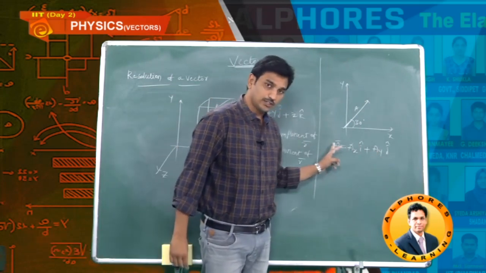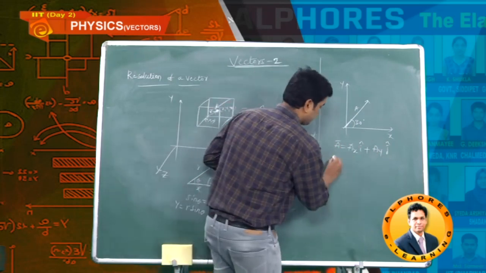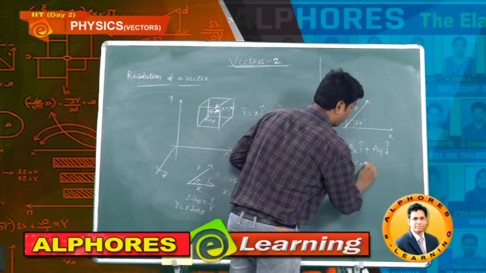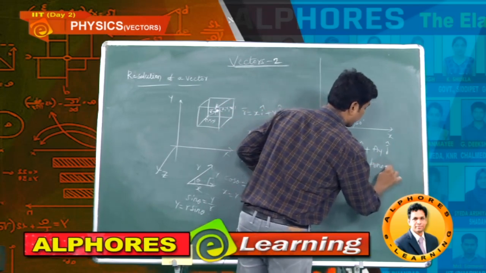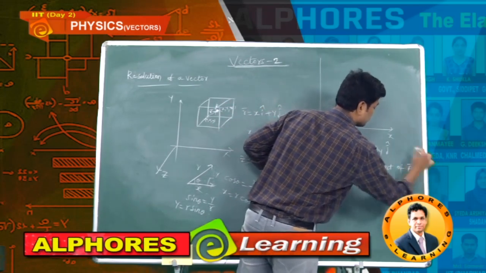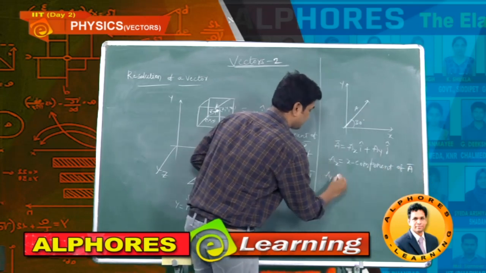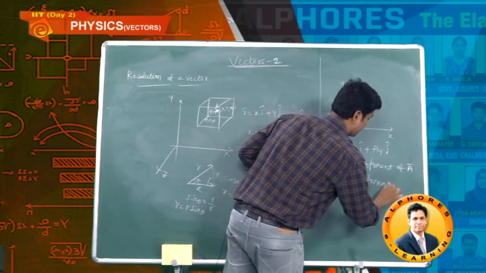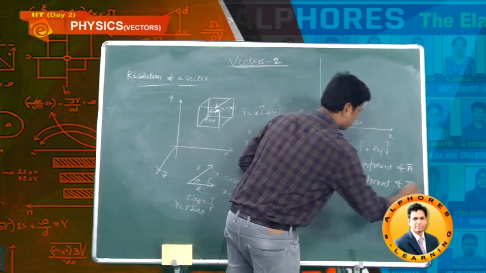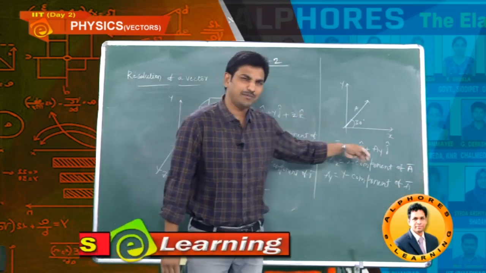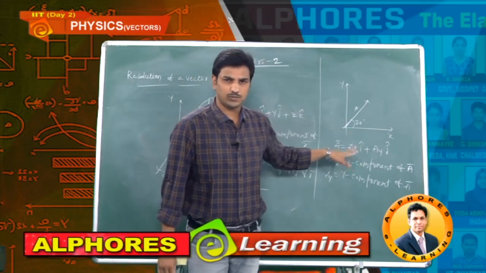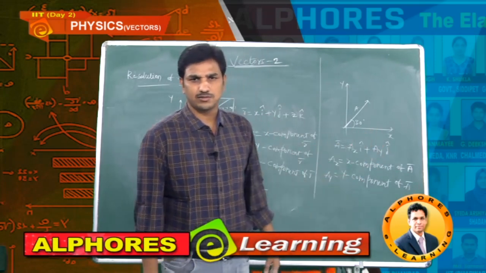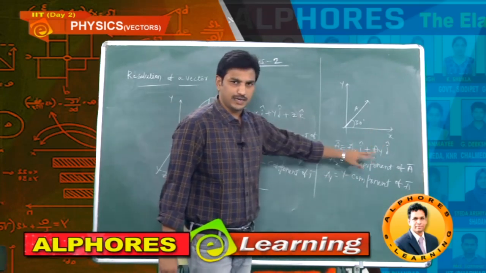Ay is the y component of A bar. Randomly I took the x component as Ax, y component as Ay, but I don't know the values of Ax and Ay. How to calculate Ax and Ay values?